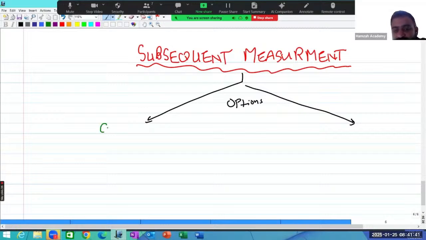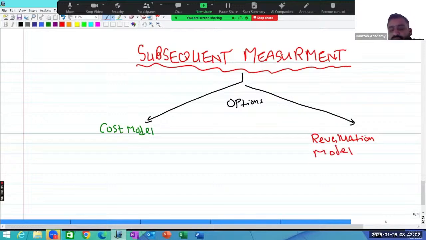One option is to continue to use the cost model, and option two, they can use the revaluation model.